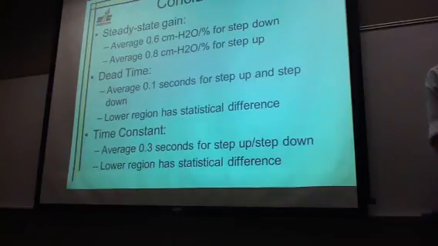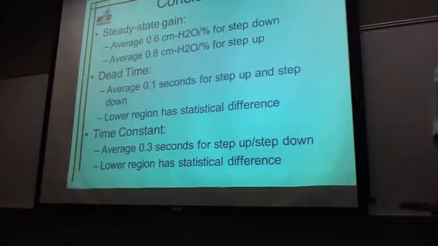However, the lower region has a very great statistical difference from the middle and the upper region. And for the time constant, we had an average of 0.3 seconds for the step up and the step down functions, and once again, the lower region has a great statistical difference for our experiments.